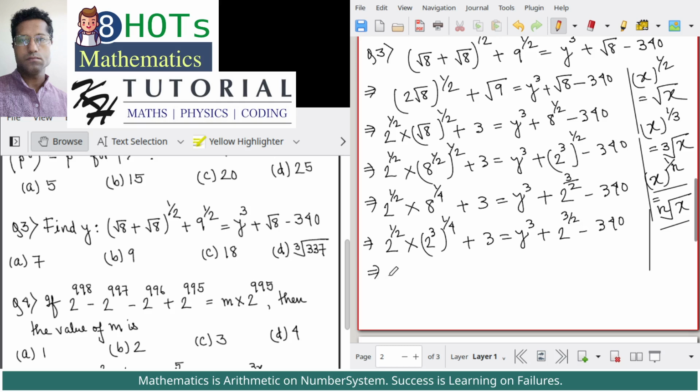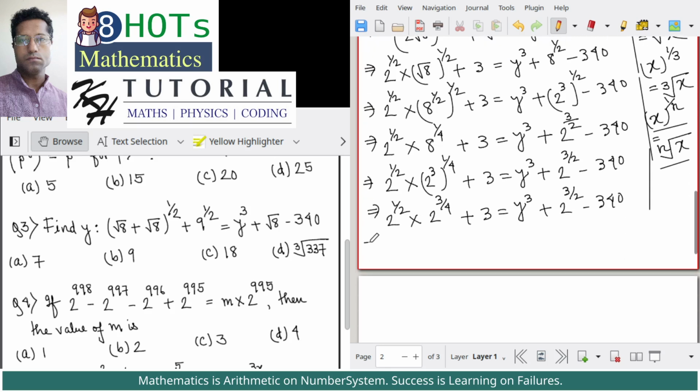Okay, this implies 2 to the power half multiplied by 2 cube, that whole raised to the power 1 by 4 means 2 to the power 3 by 4, plus 3 is equal to y cube plus 2 to the power 3 by 2 minus 340.